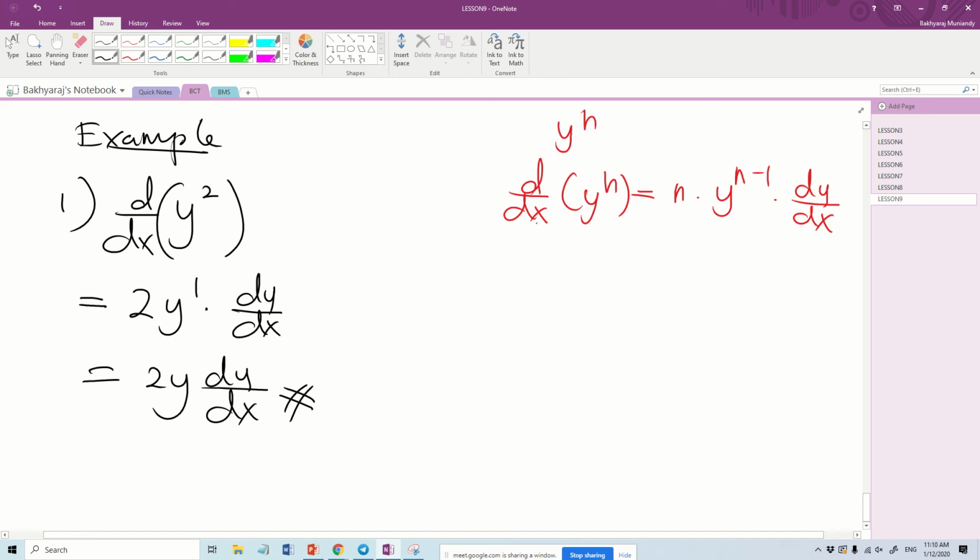Okay, I think you mungkin dapat dia punya clue dia. I go with number 2. Number 2, I want to differentiate d dx y power of 3, for example.